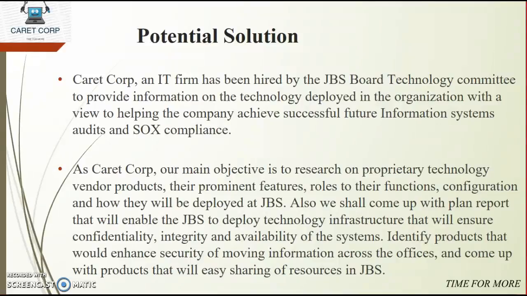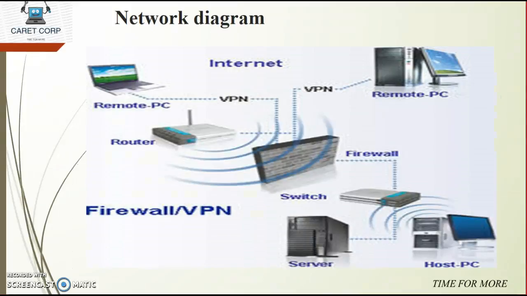With that said, I would like to welcome our next presenter, Jack. Okay, thank you, Arnold. So this is the network diagram layout that we are proposing for GBS to have. It will have remote PCs for the offices, and then the routers.